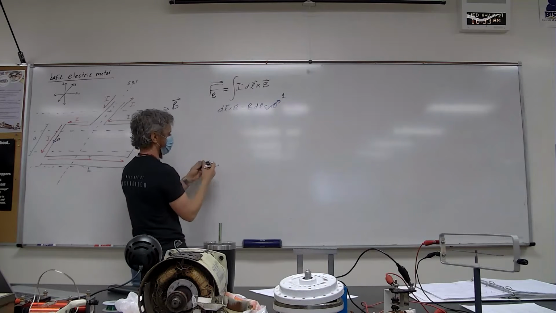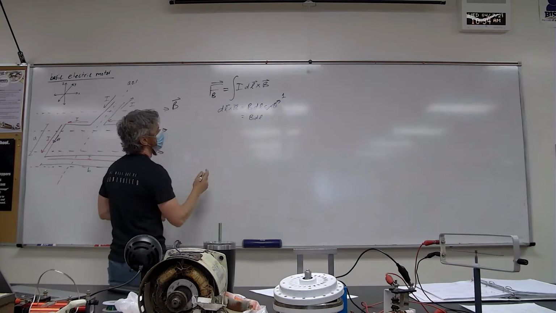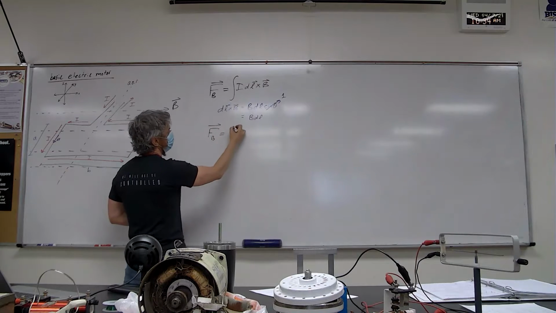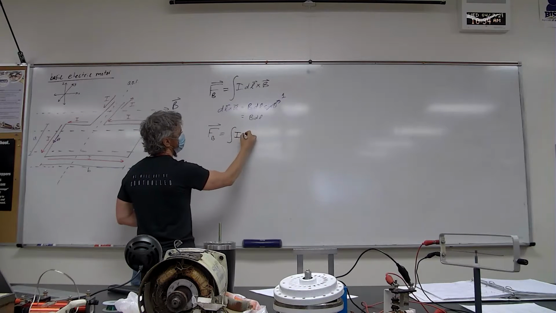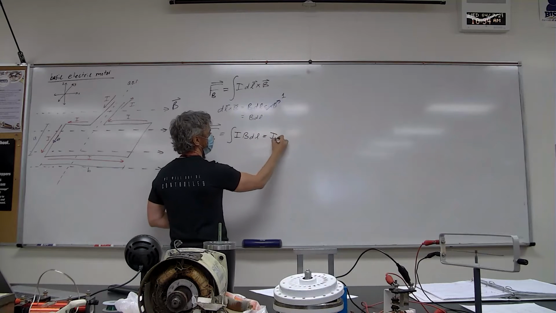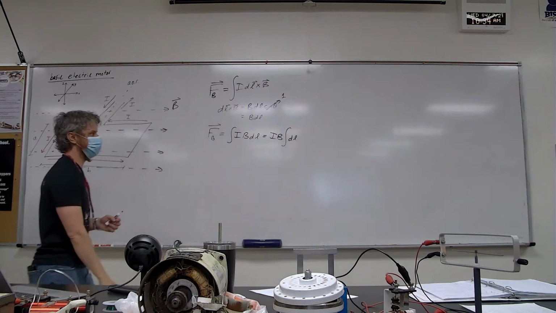And so dl cross B will end up just being B times dl. And so the magnetic force is therefore the integral of I B dl. I and B are constants, so I can pull them out, and I just integrate dl.